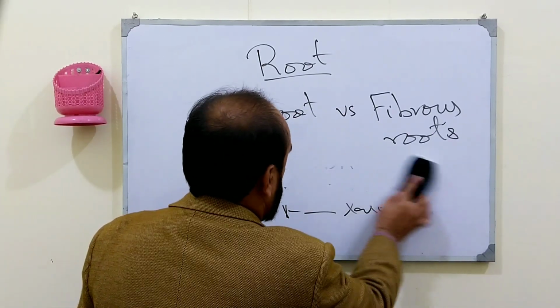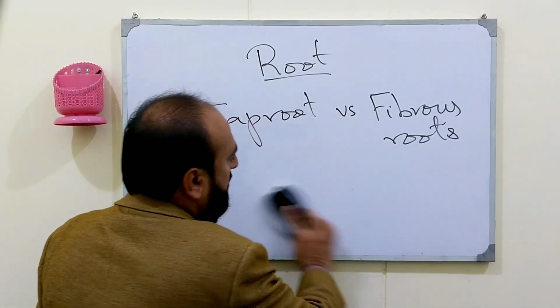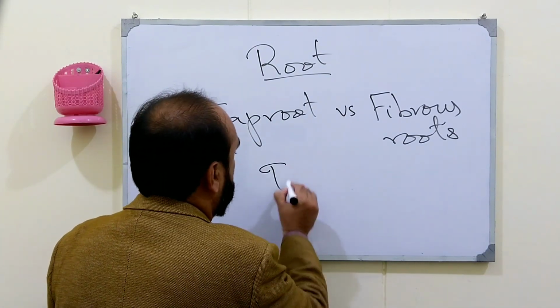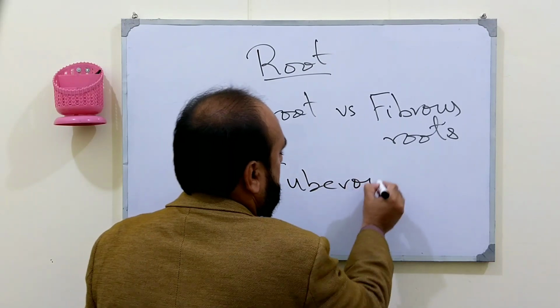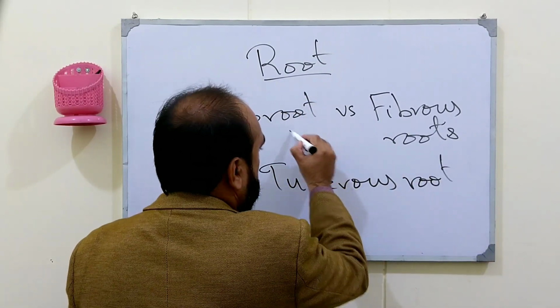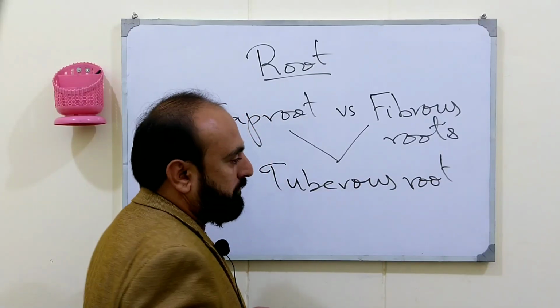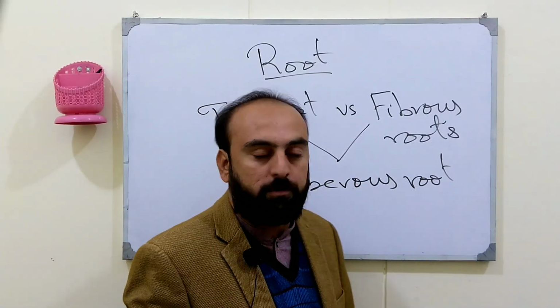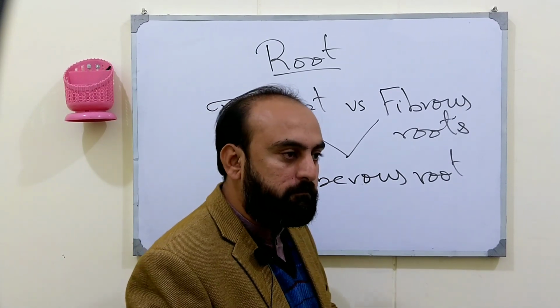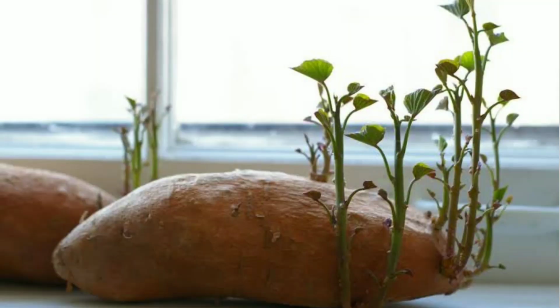Both fibrous and taproots are called tuberous when they are modified to act as storage organs, or when they are able to store food reserves.